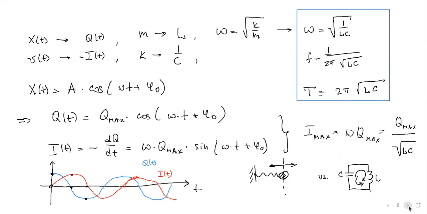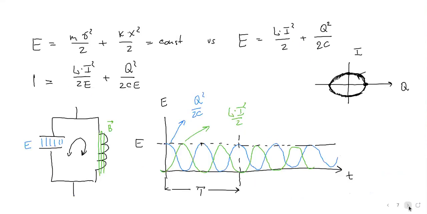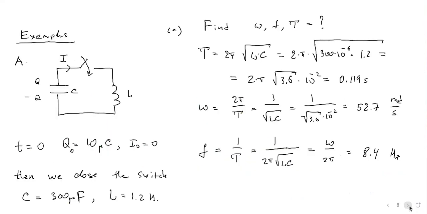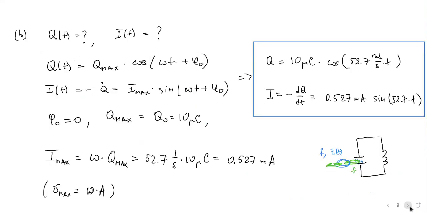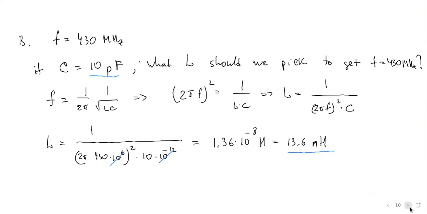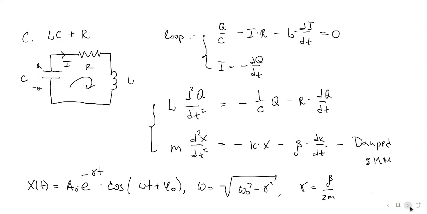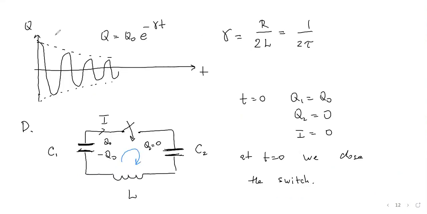And these couple of slides were just a reminder of the solution for simple harmonic motion. And then we had this one example, another example. This is just a conceptual consideration that you have friction and you have this damped simple harmonic motion.